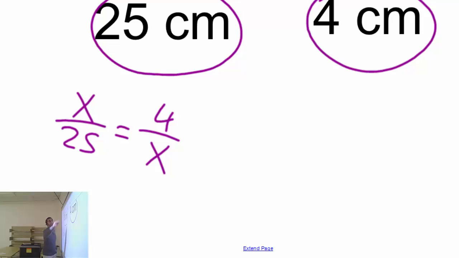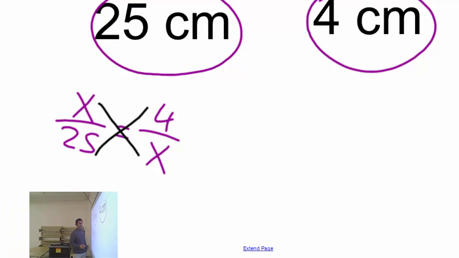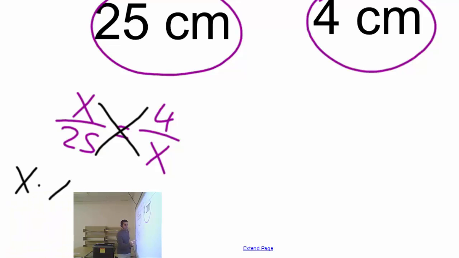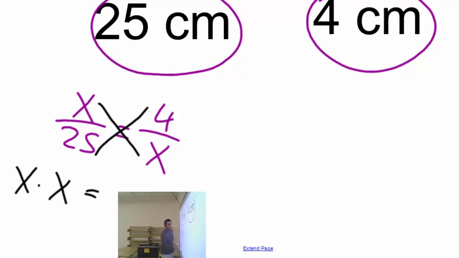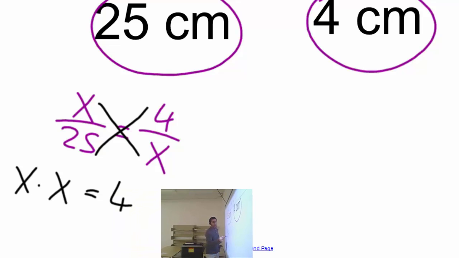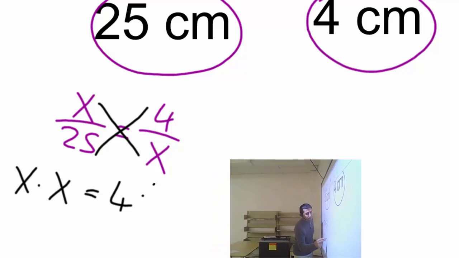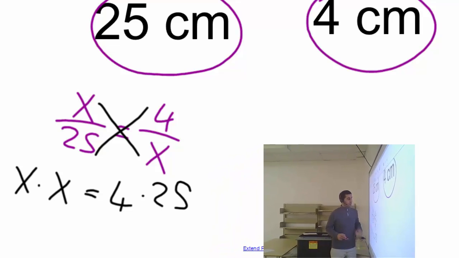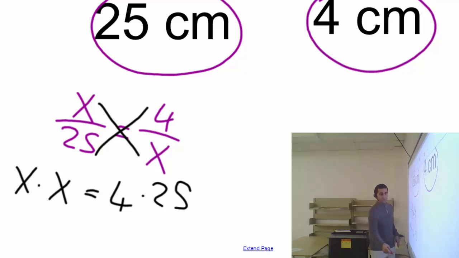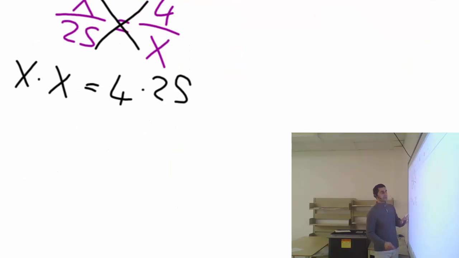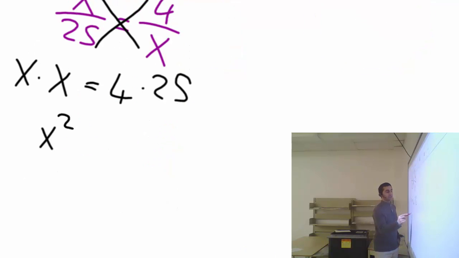What you do here is cross multiplication. So x goes to the left, it becomes x times x equals 4 stays where it is, but 25 comes next to it, and it will multiply, and you will end up with x squared equals 100.